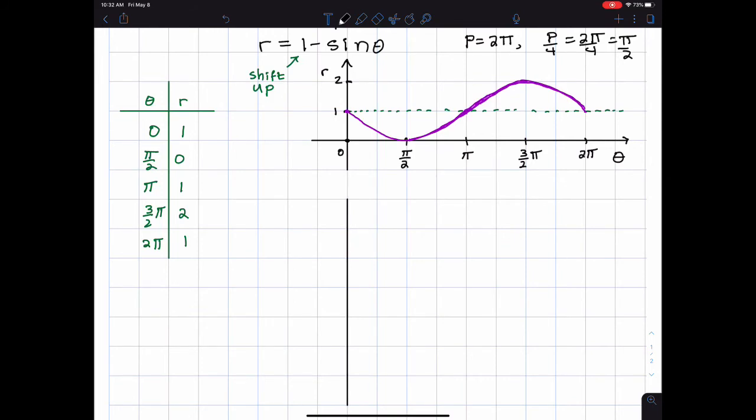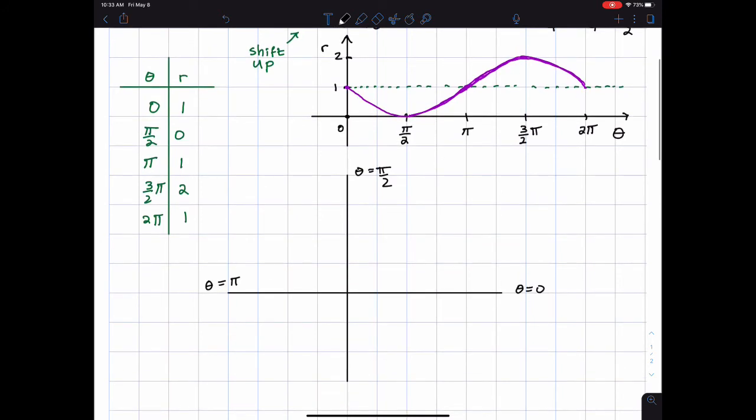Okay, now let's check this out. All right, so I am going to label theta equals 0, theta equals pi over 2. I don't even know if I need to write theta. I think it's sort of get the whole idea what that is.